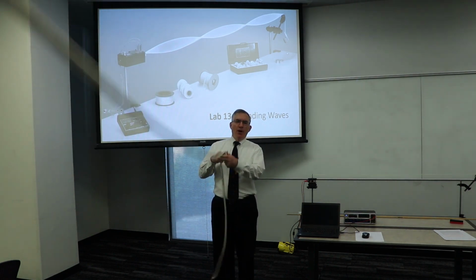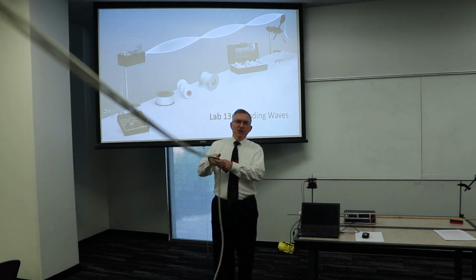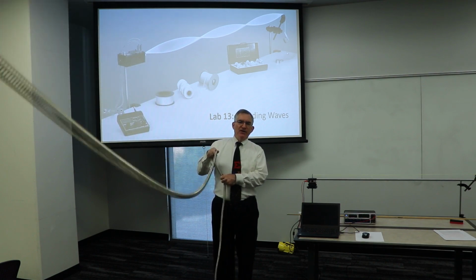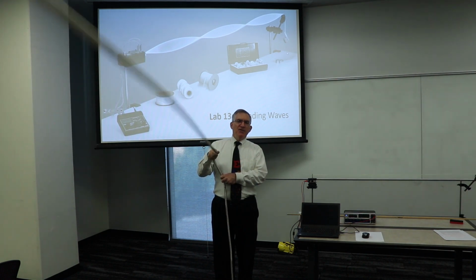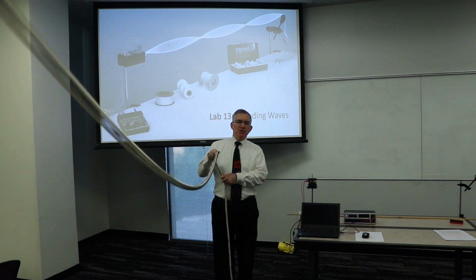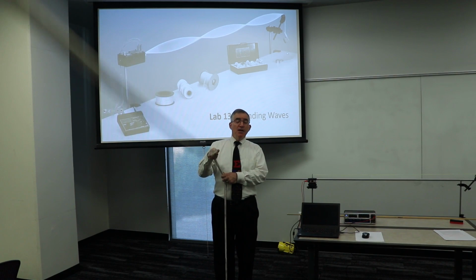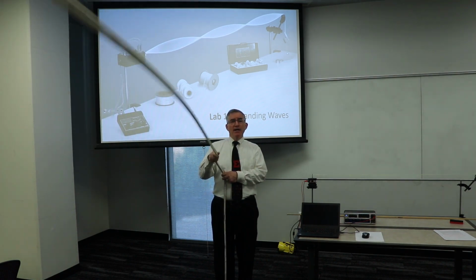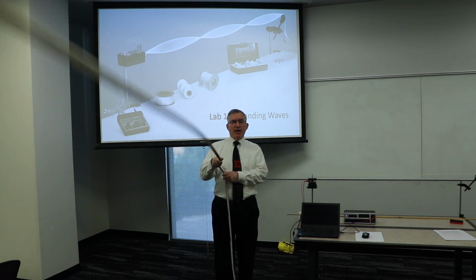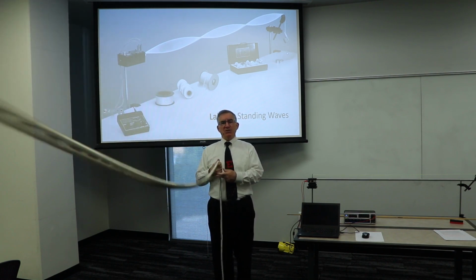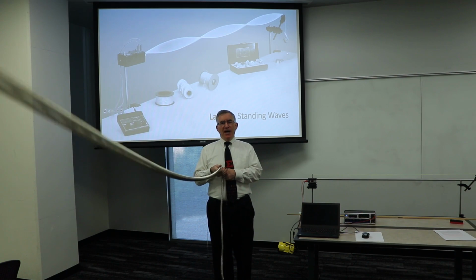And if I put even more tension in the string and do that again, you can see it's oscillating much faster. That's because the pulse is going down the string much faster, because I'm putting more tension in the wire. And when I do that, the restoring force in the wire becomes greater, so it travels much faster down the spring.